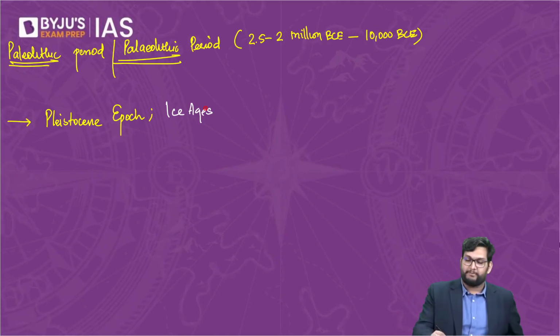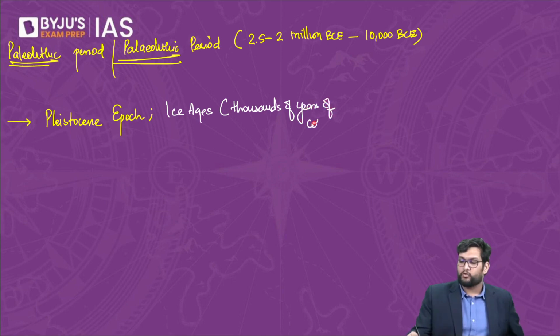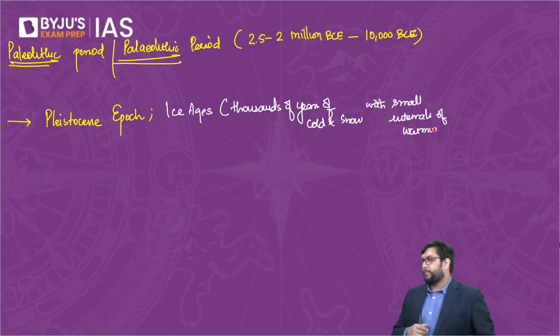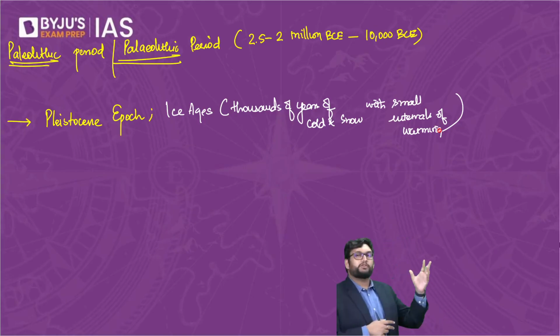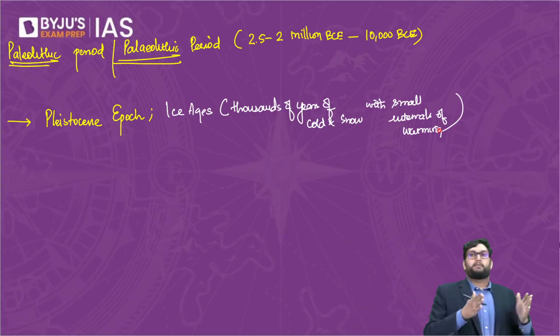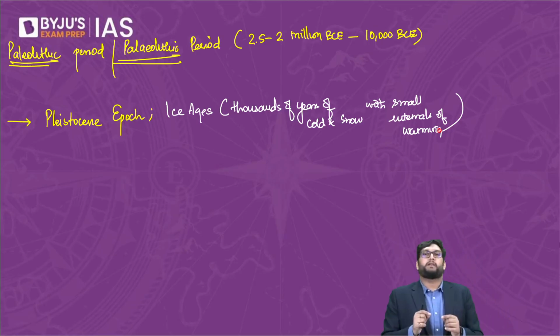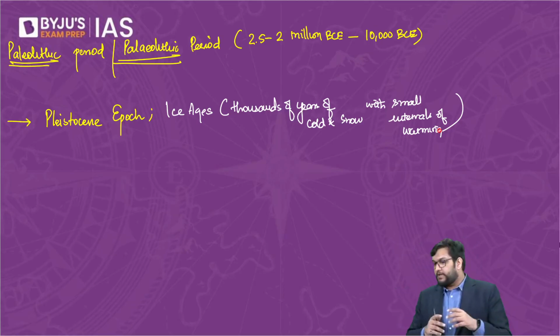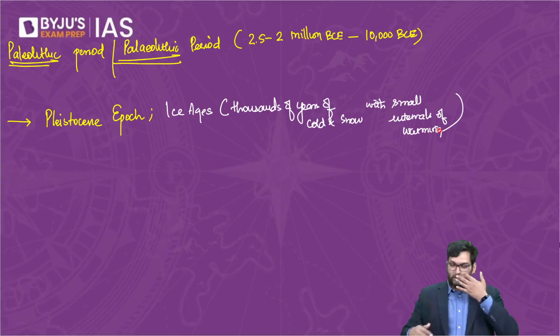Ice Ages are basically thousands of years of cold and snow with small intervals of warming. In a way, thousands of years of cold would mean that 1000 years cold, then 200 years or 100 years of warming, then 1000 years of cold. These are called ice ages.